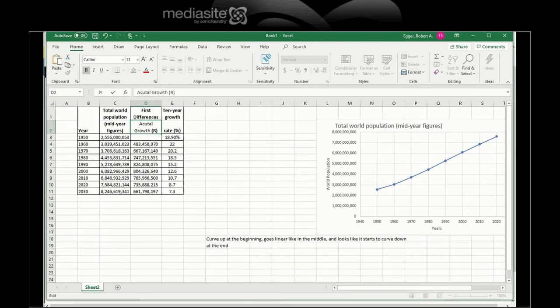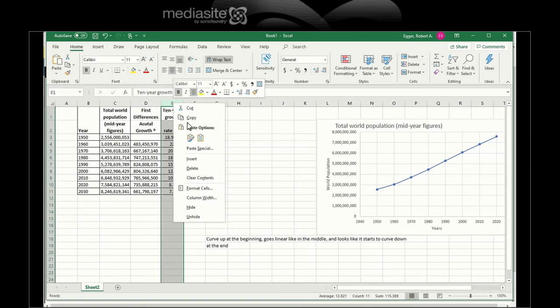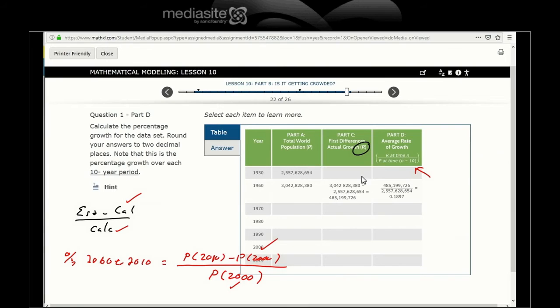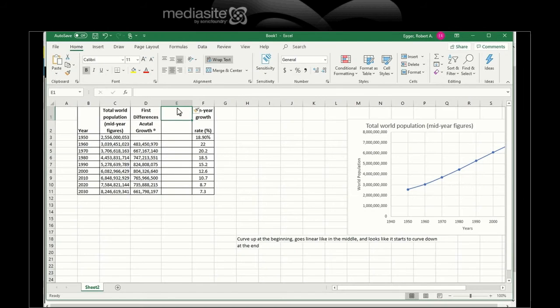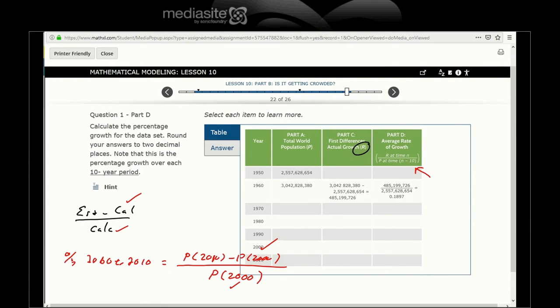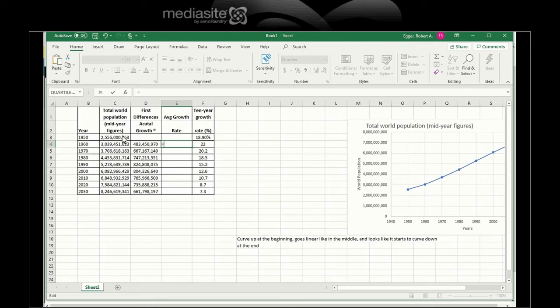So let's do our Excel. See if we get the same thing. Okay. So what are we calling this over here? Average growth rate. All right. Again, that'll be okay, yeah.